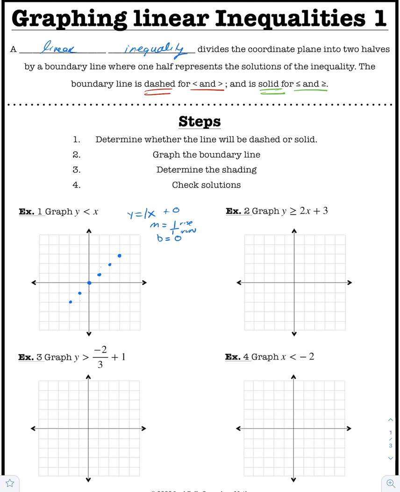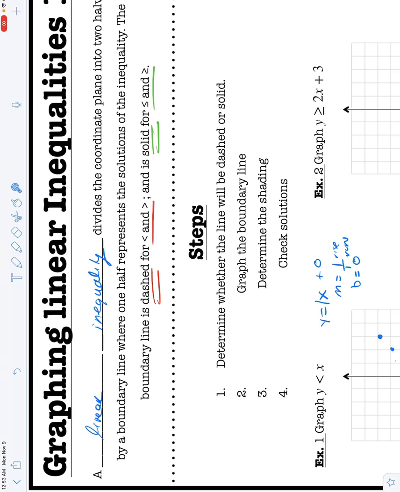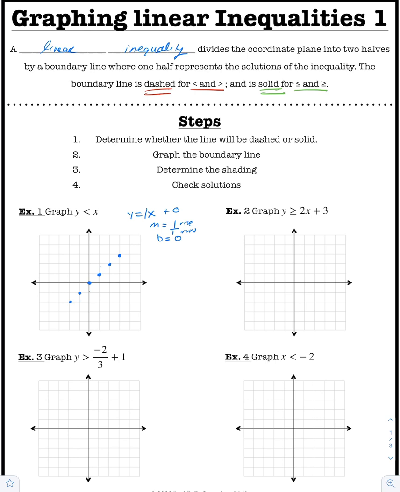Now we need to determine whether the line is going to be dashed or solid. Well, we just set up here that it's dashed for less than or greater than. This is a less than symbol, so we're going to have a dashed line.